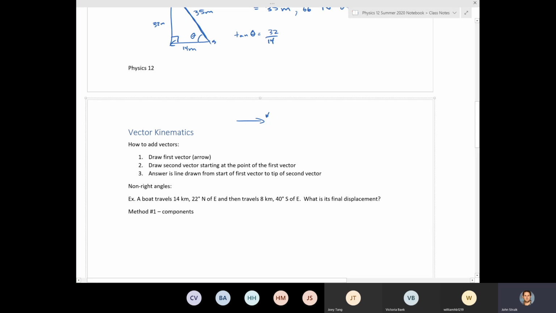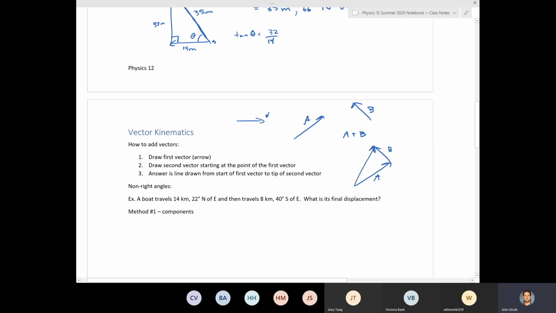So for example, if I had A and B, A plus B would be like that, and the answer would be that arrow right there.